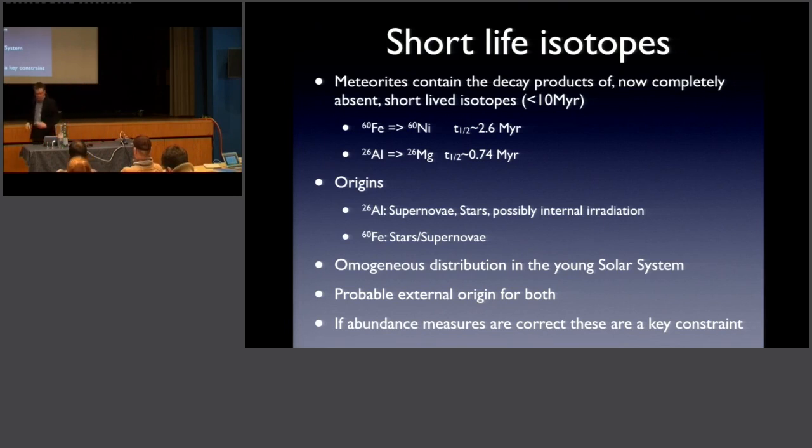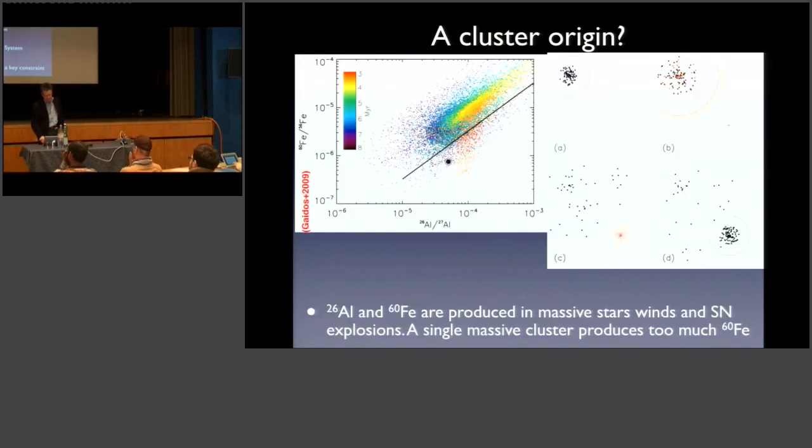This doesn't really work because the amount of iron-60 over aluminum-26 that you produce in a supernova is so high that we would expect to have much more iron-60 than aluminum-26 in our own system, while it is the opposite. I mean, the aluminum-26 was more abundant than iron-60.